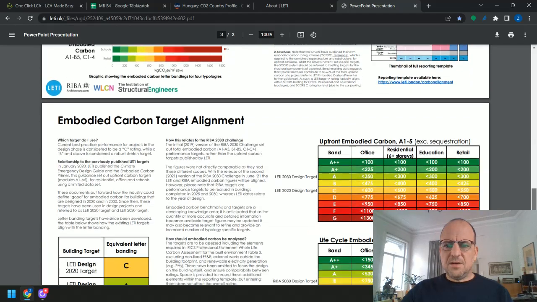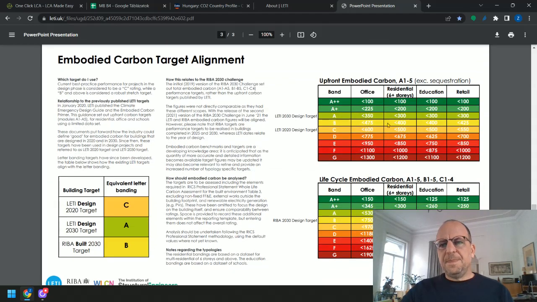You can see here the upfront carbon for residential buildings such as ours. It says that this 360 is somewhere between A and B, but it must be kept in mind that there are other factors.